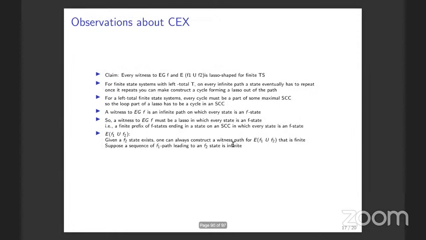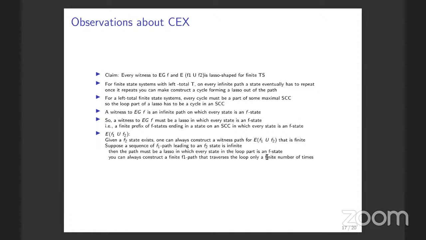Now you can always construct the finite tail. Why? That's because the sequence of F1 path leading to an F2 state can of course be infinite. But if it is infinite, every infinite path in a finite state system, as we have said, must be a lasso, in which every state in the loop is an F state. Therefore, you can get rid of these repeated cycles.